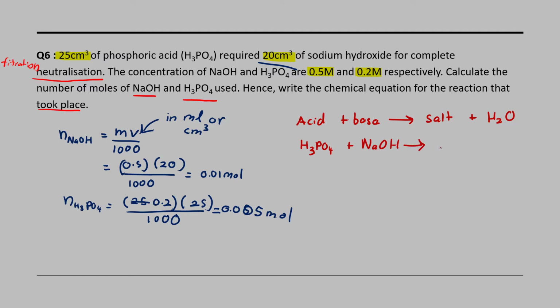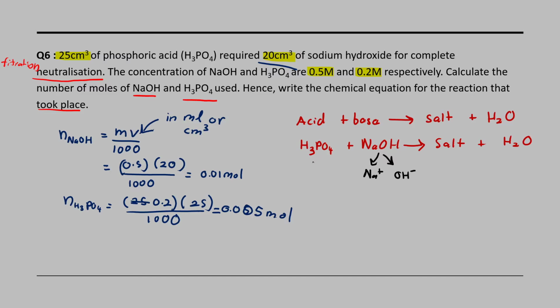We don't know what the salt is, and then we know we will get H2O. So we know that the base NaOH will always dissociate into Na+ and OH-.